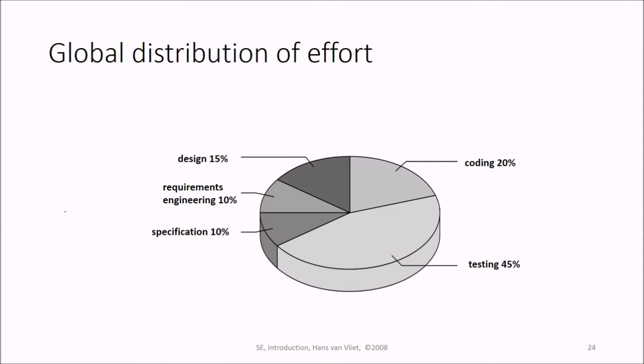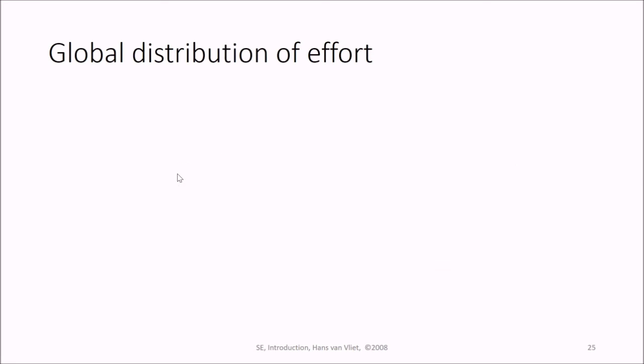So the global distribution of effort is: the first phase, requirement engineering, will take 10% of your time, design will take around 15%, coding will take 20%, testing almost 45%, though some books say otherwise. Some other book says 40% of time goes in maintenance. So specification also takes around 10%.